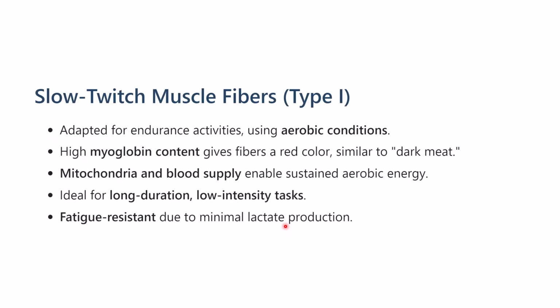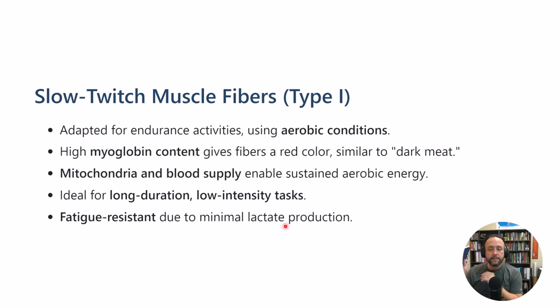Remember we talked about twitch earlier with the book. Okay, slow twitch and fast twitch. Slow twitch are adapted for endurance. This protein called myoglobin, which is sort of like hemoglobin's cousin in terms of storing oxygen, is going to be really abundant in slow twitch muscle fibers.